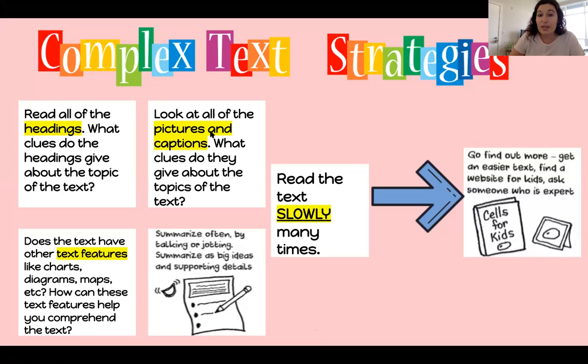Look at all of the pictures and captions. What clues do they give about the topics of the text? Does the text have other text features like charts, diagrams, maps, etc.? How can these text features help you comprehend the text?